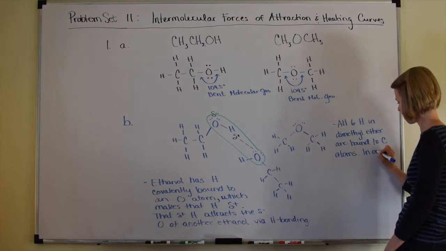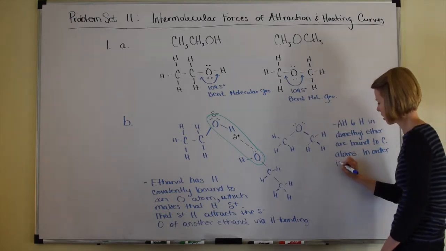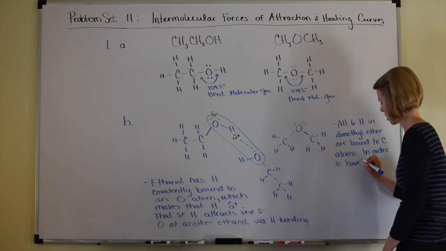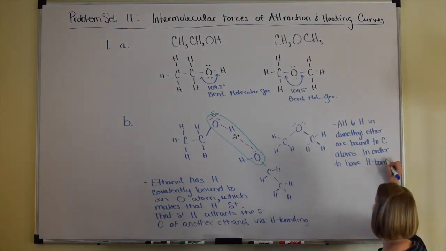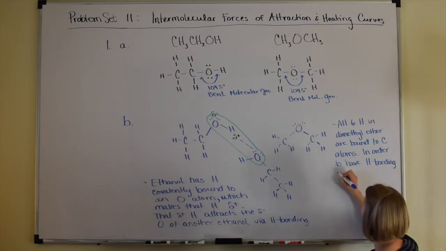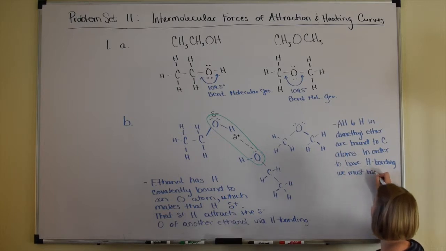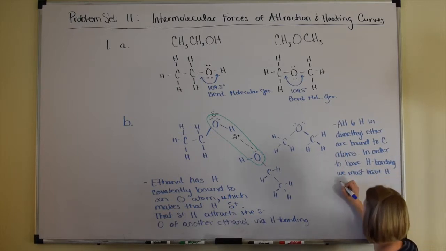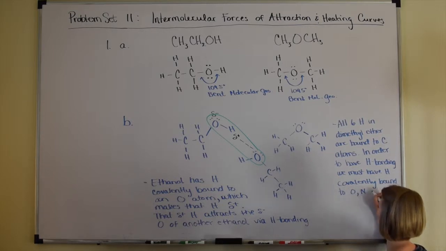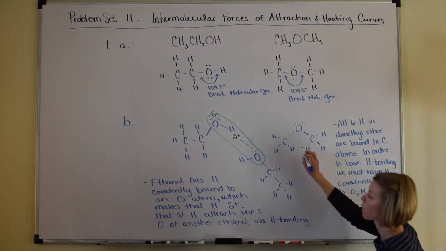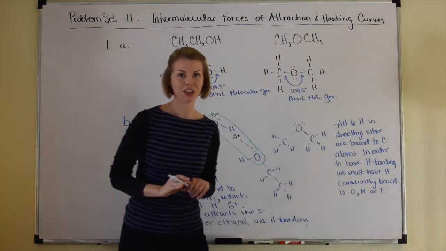In order to have hydrogen bonding, we must have hydrogen covalently bound to O, N, or F. We don't have that in a dimethyl ether molecule.